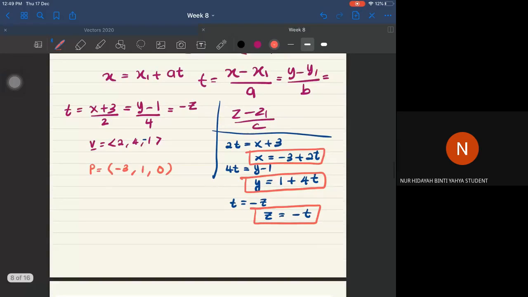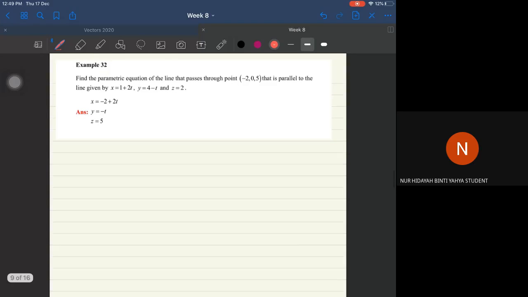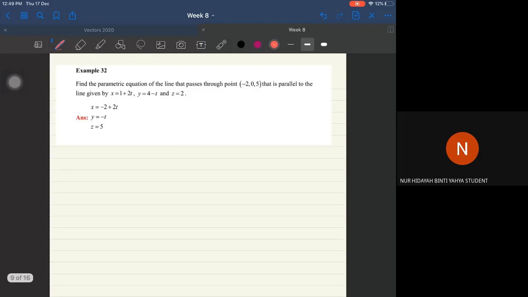Okay. So let's try the first one here. Find the parametric equation of the line that passes through this point that is parallel to the given line. Line yang diberikan pada awak ni dalam bentuk parametric equation.